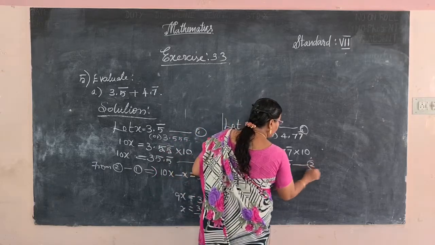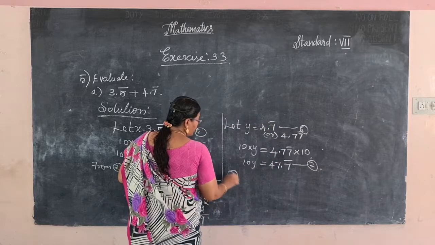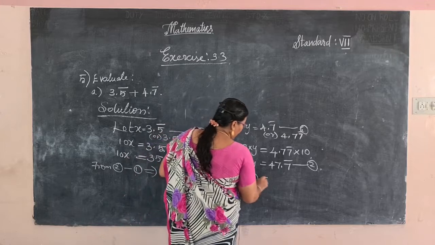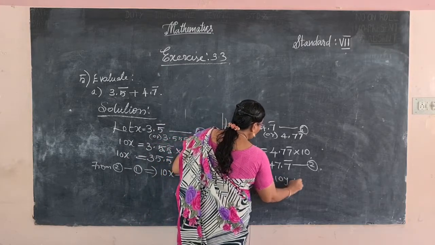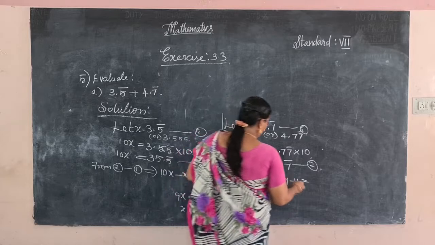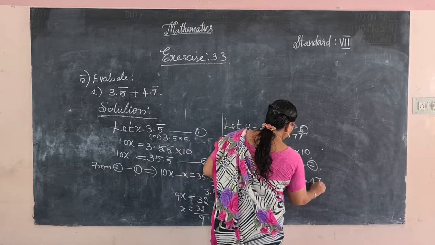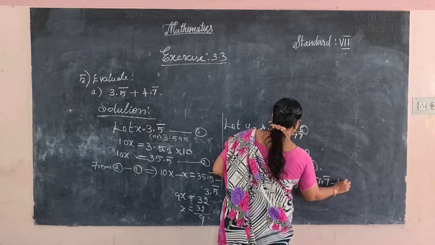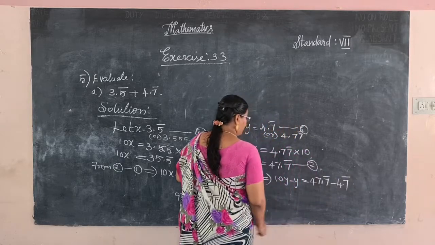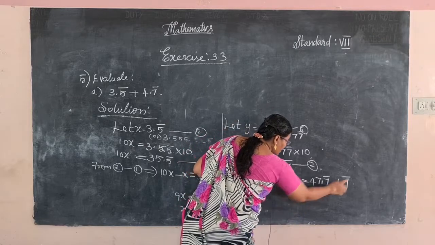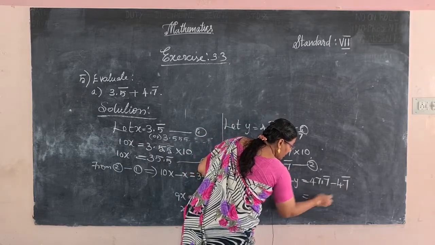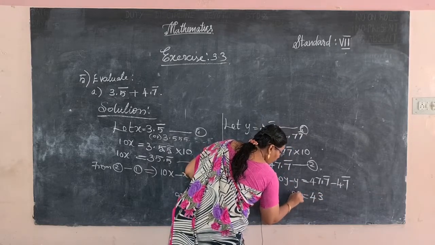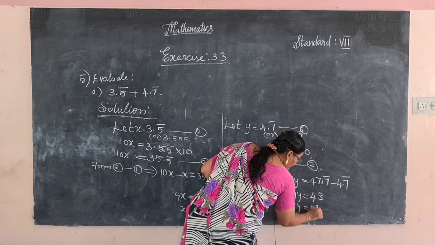It is equation number 2. Subtract equation 1 from 2. 10y minus y is equal to 47.7 bar minus 4.7 bar. The recurring parts give 0. 47 minus 4 is 43. Here 10y minus y is 9y. So y is equal to 43 by 9.